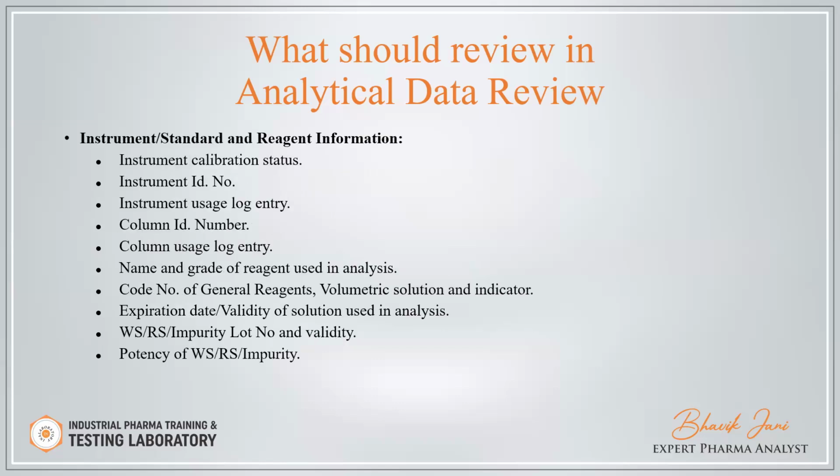After that, you can review the instrument, standard or reagent information like the instrument calibration status, instrument ID number, instrument usage logbook entry, column ID, column usage logbook entry, name and grade of the reagent used in analysis, code number of reagent or volumetric solution, expiry date, validity of the solution, WS reference standard, impurity lot number, potency of the WS reference standard.